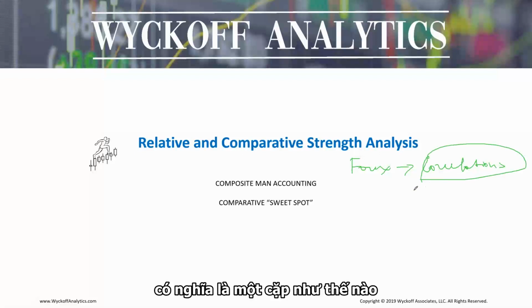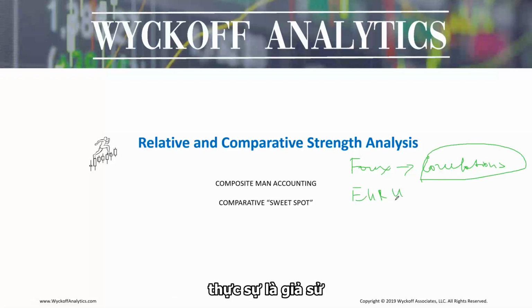Meaning that a pair like euro dollar, or, well, actually, let's say euro dollar or pound dollar, most of the time are going to be highly correlated.